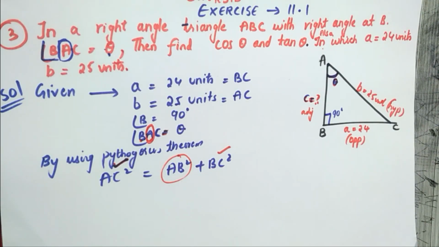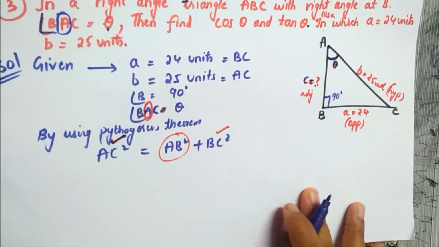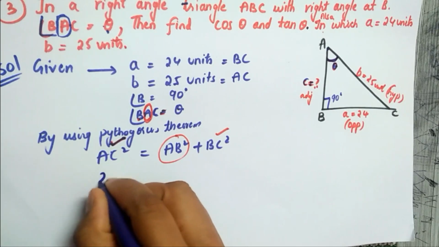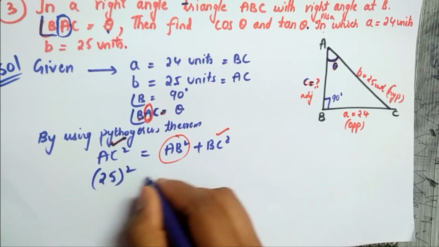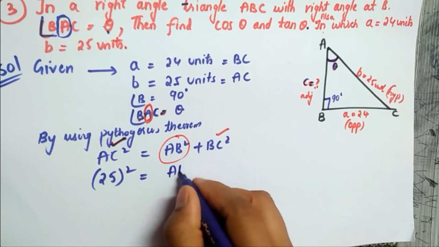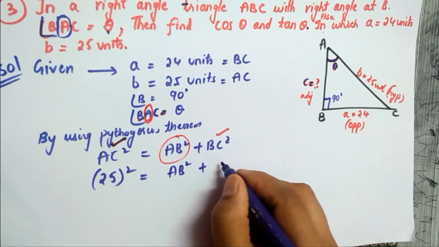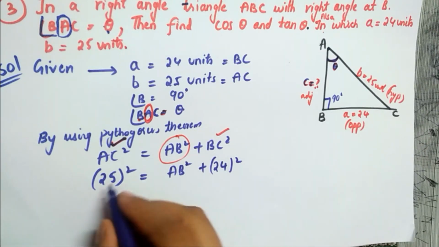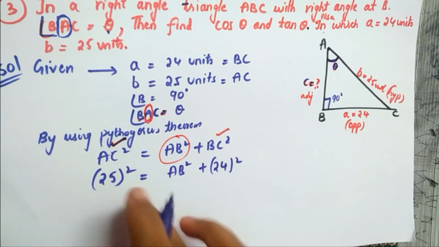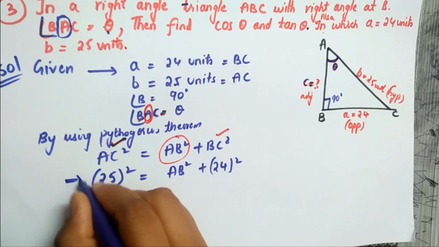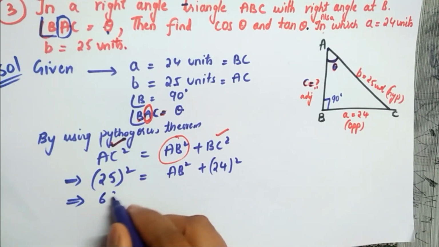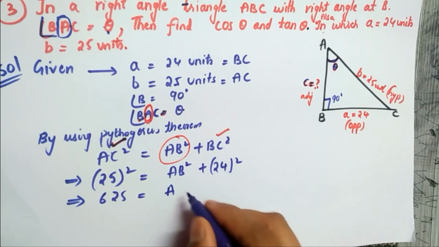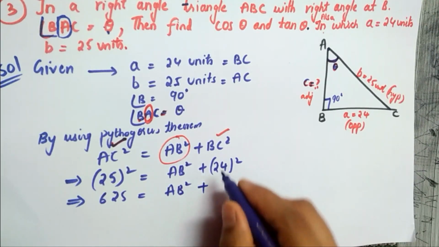Now we are arriving at that value. How will we arrive? AC is 25 square. AB is still unknown. BC is 24 square. Now just solving this, 625 is equal to AB square plus 24 square.